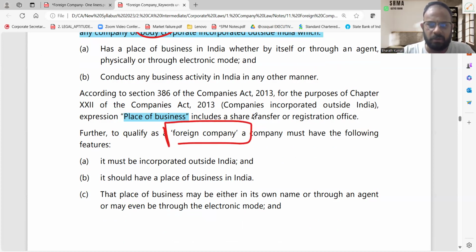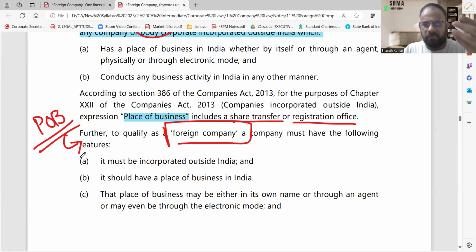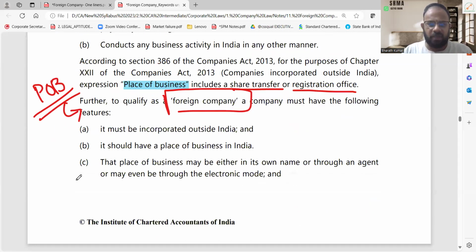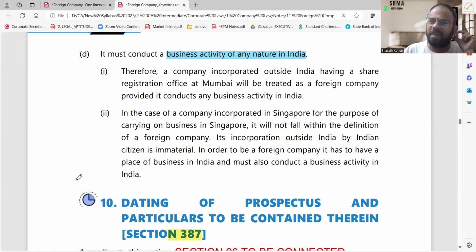Place of business is your share transfer place or registration of office. This is POB. So add this point also with this section, which we already told. Interpretation has to be connected with the definition we covered. That's all. Business activity of any nature in India, yes, it has to be considered.